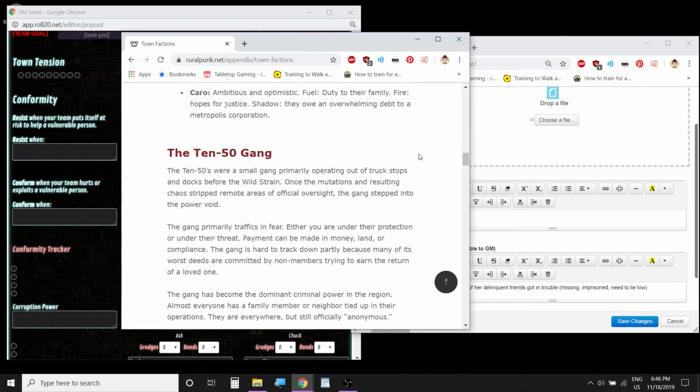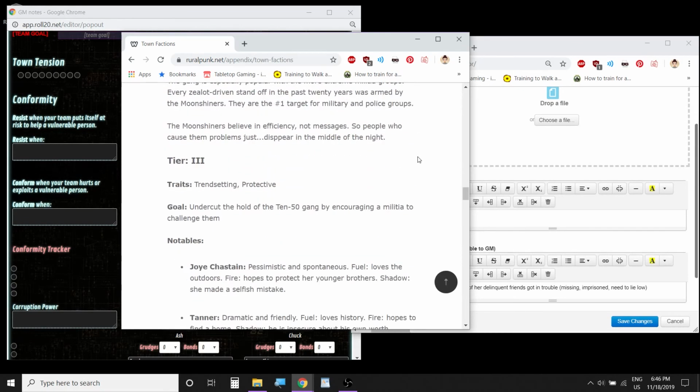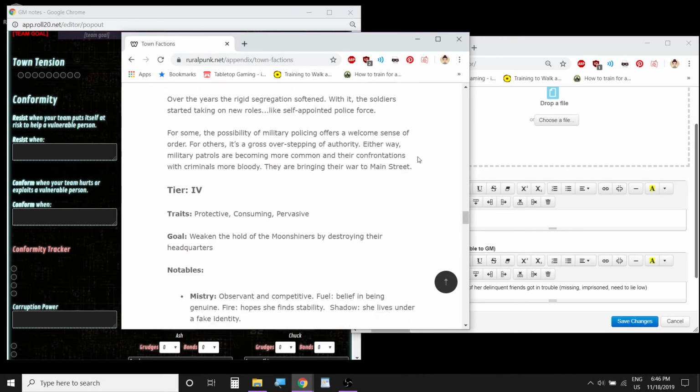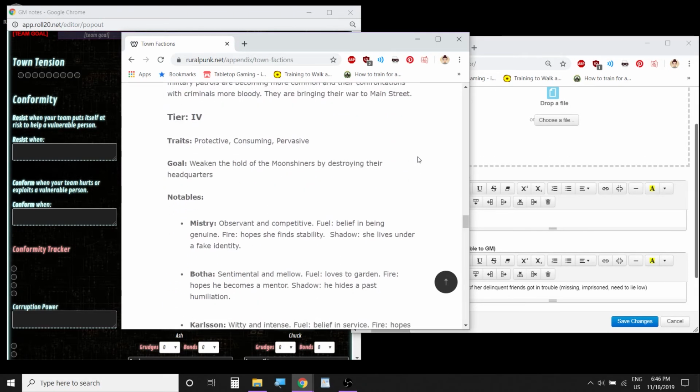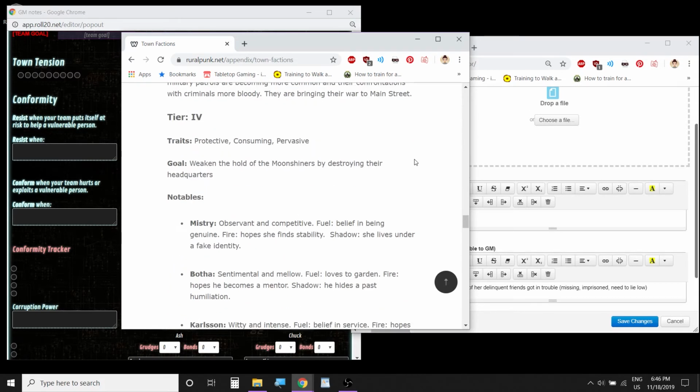The interesting thing about making it the military is the group already has an interaction with them, so the Red Ropes. Mystery, she's interacted a lot with Jacob. And they've already helped her out and have a favor with her. I think it's going to be that.